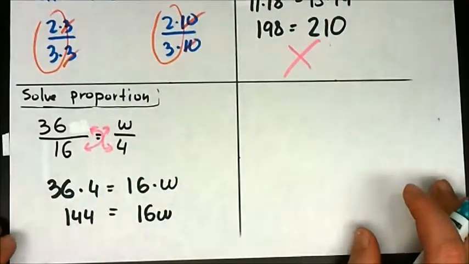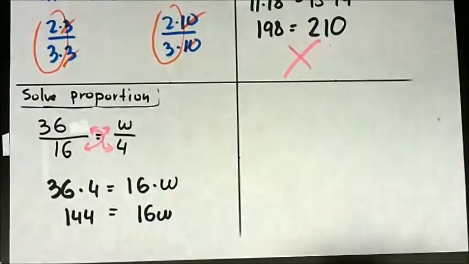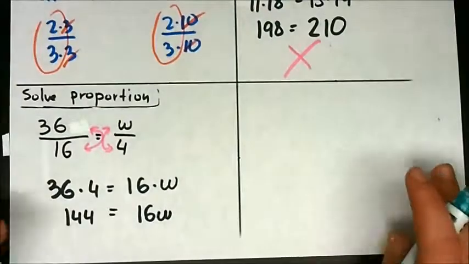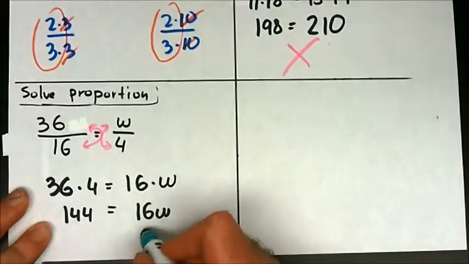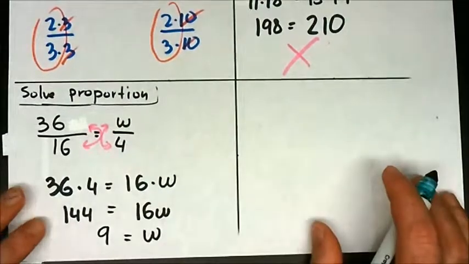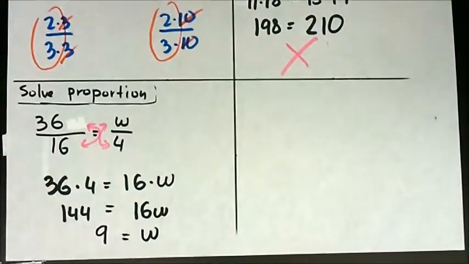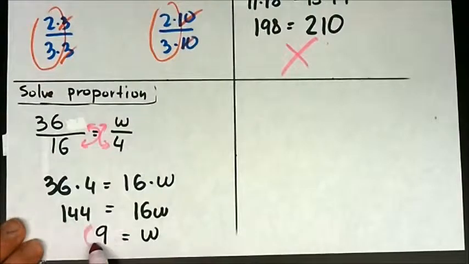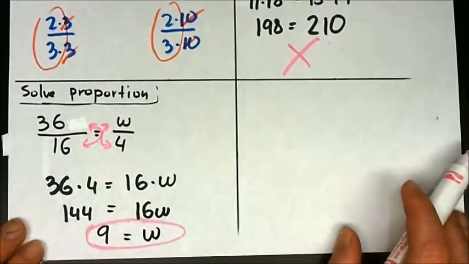And my next step is to divide both sides by 16. So how many times does 16 go into 144? It actually comes out evenly. That's a nice one for a change. No decimals, it's 9. So that is W. That is my answer. Questions on that one?